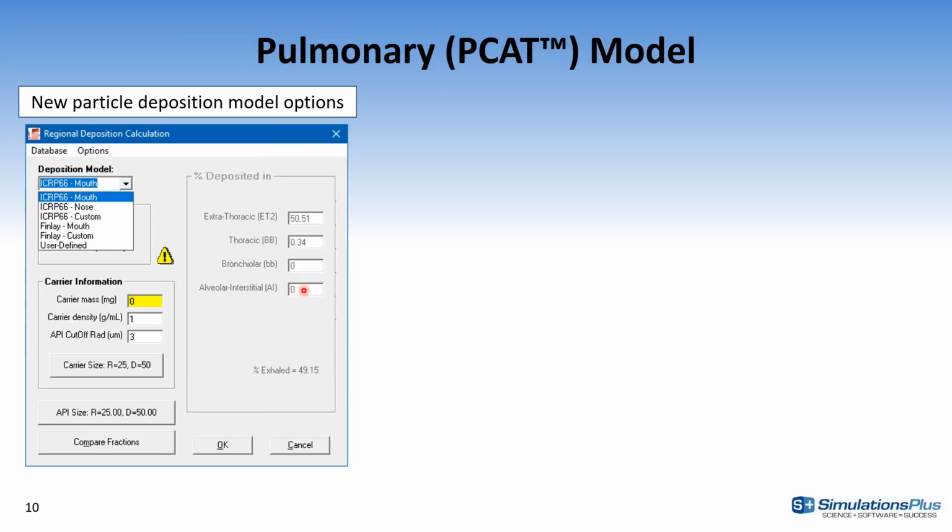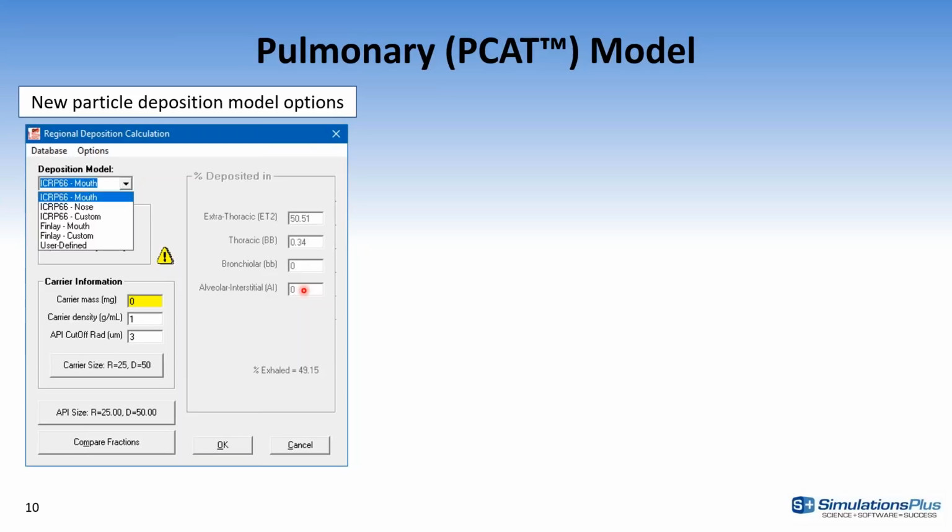Thank you, Vera. Can we change lung parameters to simulate a diseased condition, for example, asthma or COPD, and utilize the Finlay or ICRP 66 models to predict drug deposition?